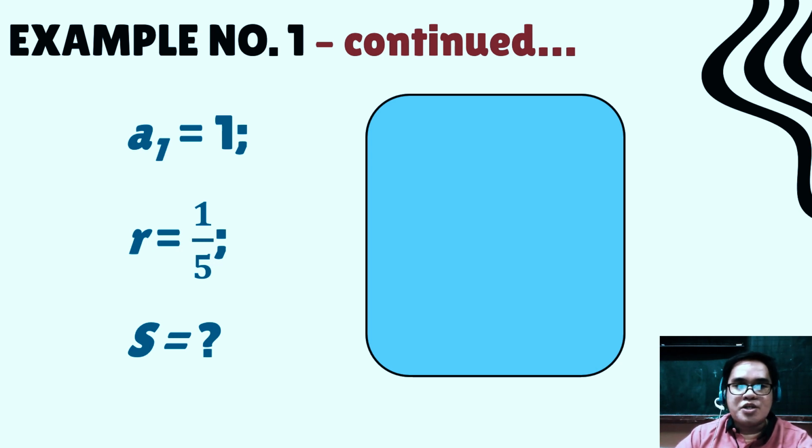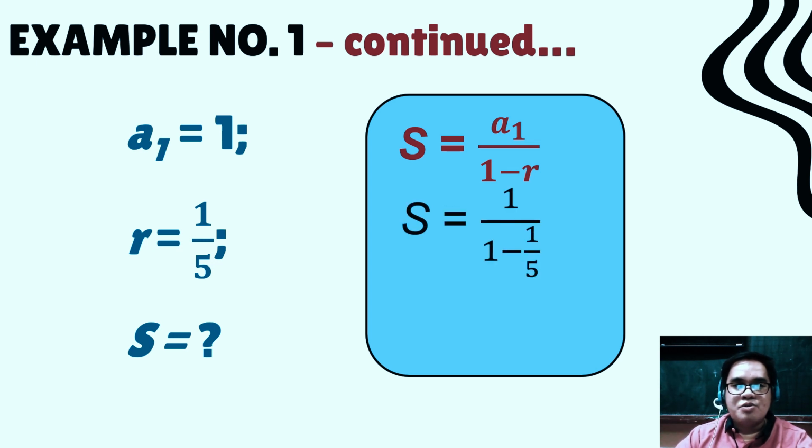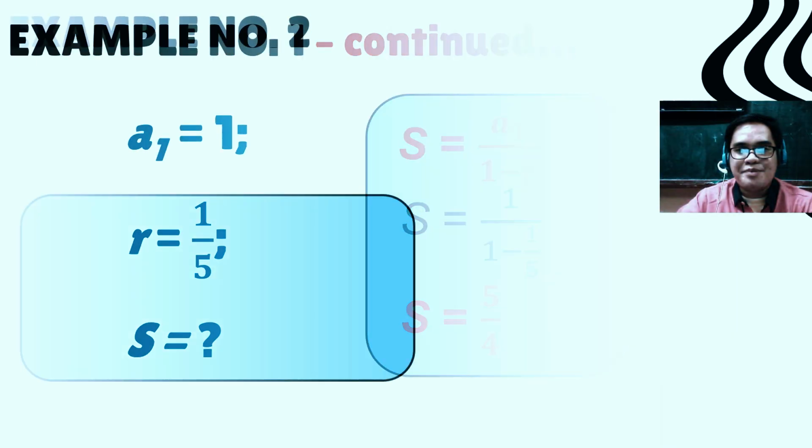A sub 1 is equal to 1, our r is equal to 1 over 5, and we are looking for its series. So we are going to use this formula. S is equal to a sub 1 over 1 minus r. So S is equal to 1 over 1 minus 1 over 5, and S is equal to 5.